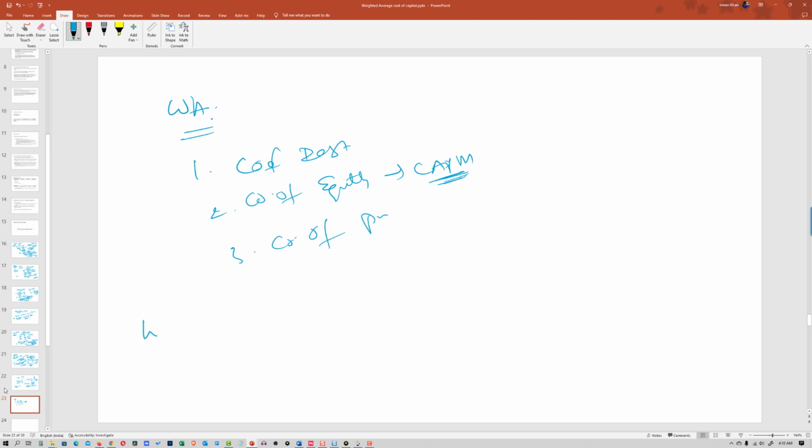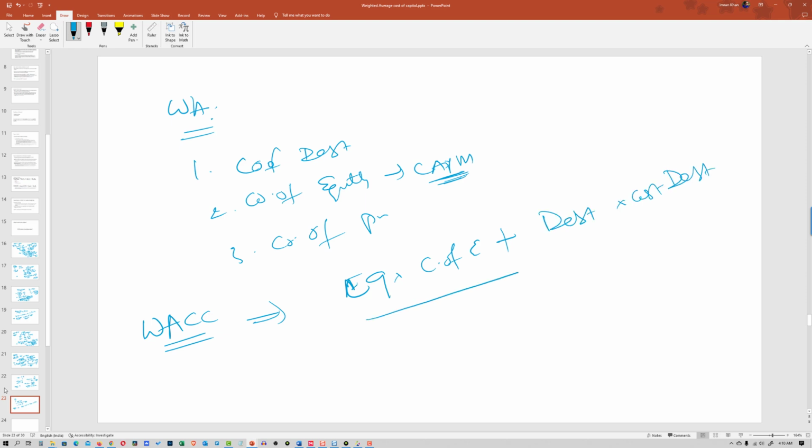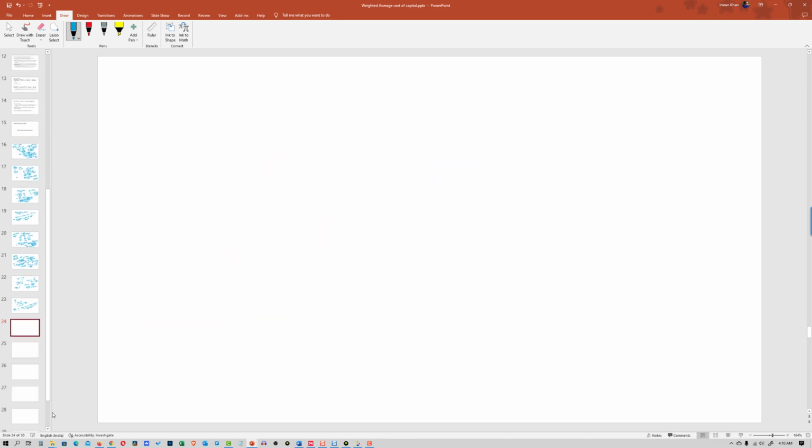Now, we are going to use the same weighted average cost of capital, in which we say equity into cost of equity plus debt into cost of debt, divided by total capital. I'm going to use the same formula and include preferred equity here.